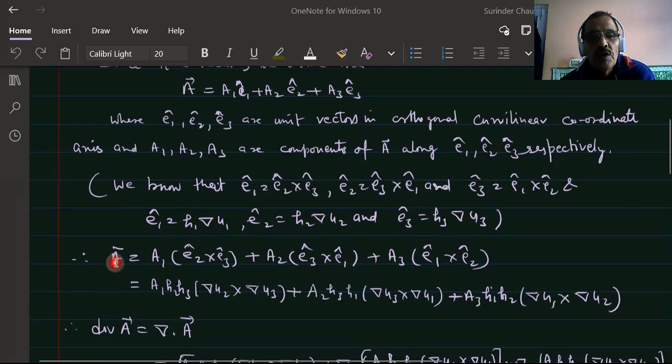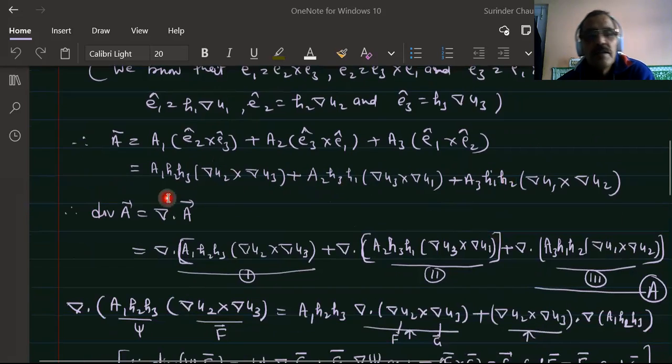Now we get, in terms of components, a1 h2 h3 del of u2 cross del of u3, plus a2 h3 h1 del of u3 cross del of u1, plus a3 h1 h2 del of u1 cross del of u2.